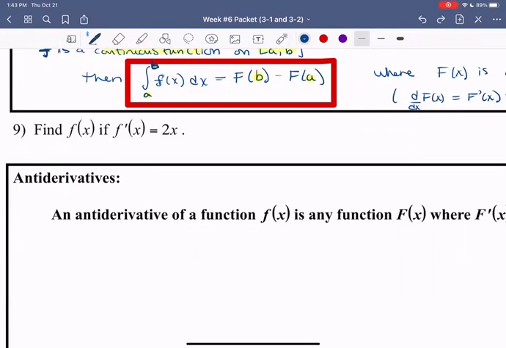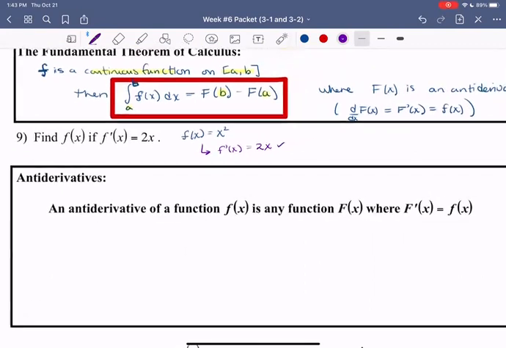All right, so one function comes to my mind, and maybe this was the one that you thought. Well, little f of x could equal x squared. And let's just check to make sure that is, in fact, consistent here. So if we take the derivative, f prime of x, we use the power rule, so we write 2x. Awesome. So that checks out.